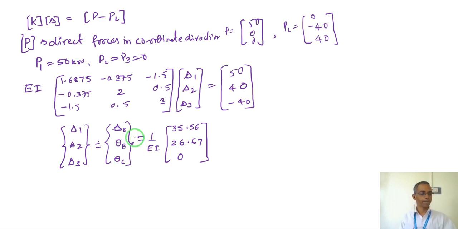So here we are finding the displacement first, then finding the force, and that's why this method is called the displacement method. Once we obtain delta B, delta C, it is simply a matter of using the slope deflection equations.